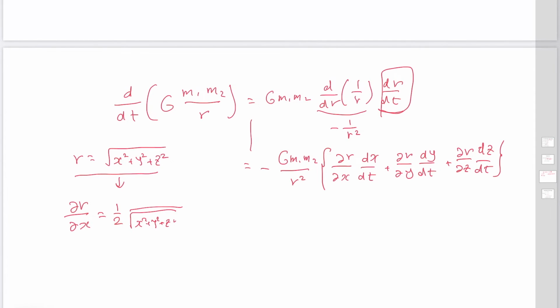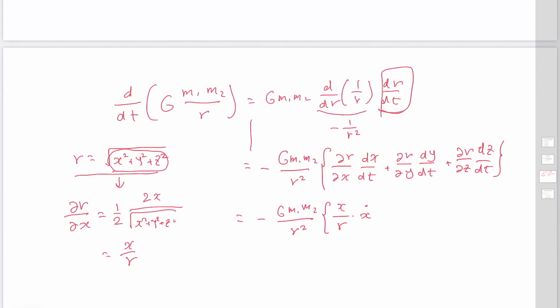And the derivative with respect to x of the inside of this is 2x. So it becomes x over r. So you can substitute: minus G m sub 1 m sub 2 over r squared. This is x over r.